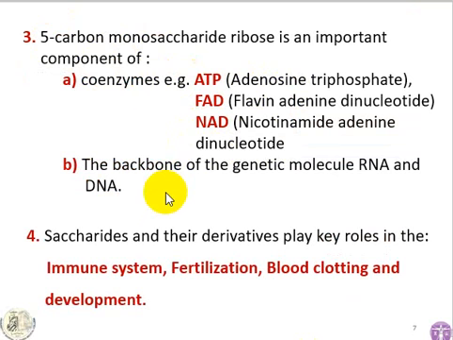In addition, the 5-carbon monosaccharide ribose is considered the backbone of the genetic molecules RNA and DNA. Saccharides and their derivatives play a key role in the immune system, fertilization, blood clotting, and development.